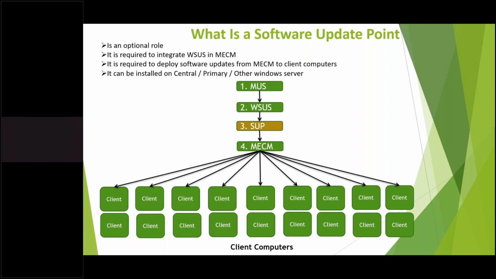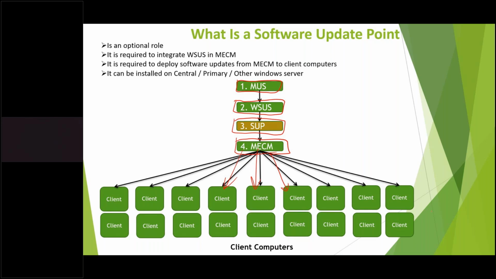Microsoft is releasing updates every month, so you will get the update on the Microsoft update server. The Microsoft update server will dump the update here every month, and from there you can synchronize those updates into WSUS, and from there you can synchronize the updates into the software update point, and then finally it will reach MECM.